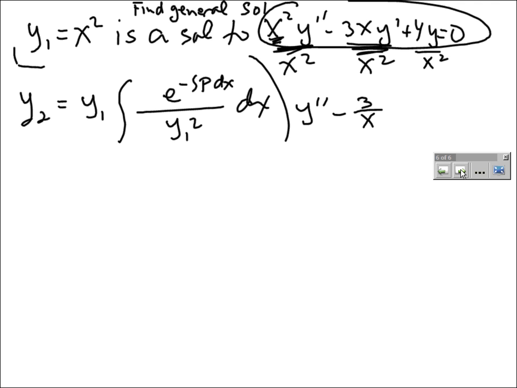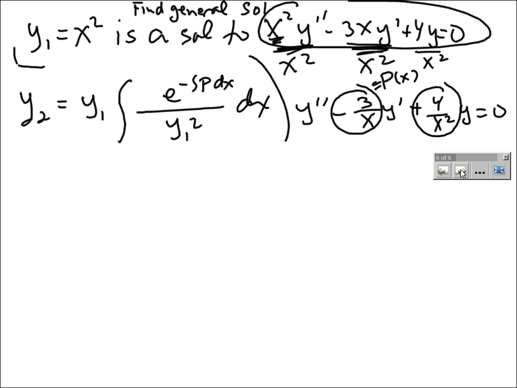This is y double prime minus 3 over x y prime plus 4 over x squared times y equals 0. That there is p of x. For the record, that's q of x.